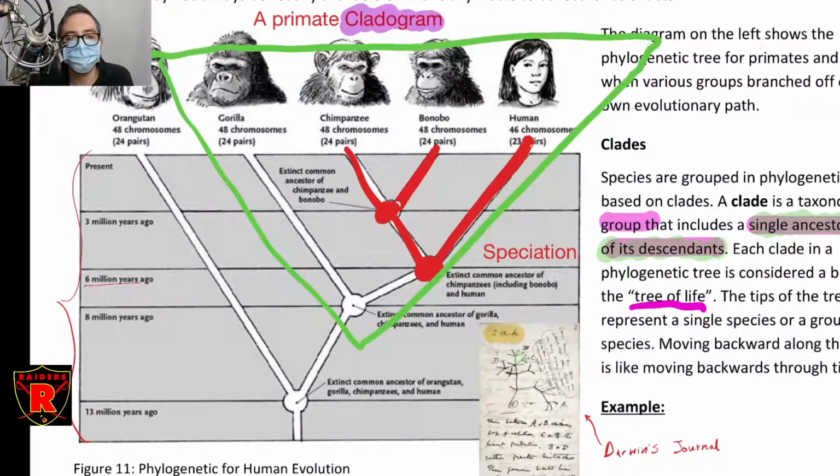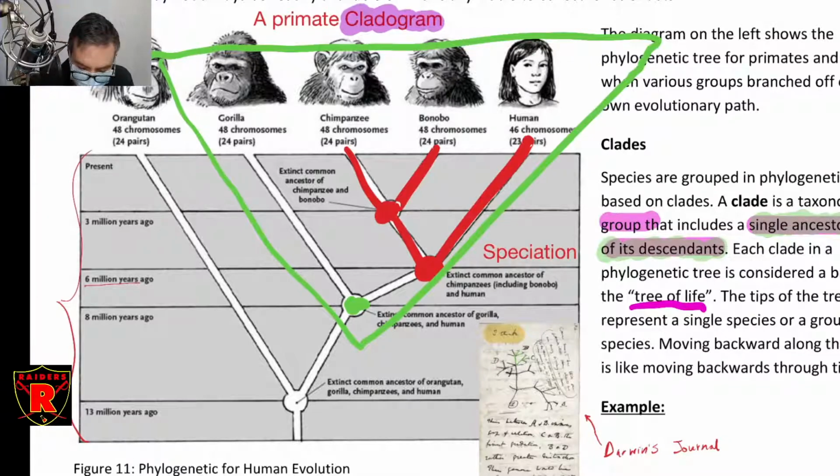We are more distantly related to gorillas than we are to chimps and bonobos. And that's because our common ancestor with gorillas is further back in time. Okay, about 8 million years ago is when we had a common ancestor with gorillas. So we are further related from gorillas than we are from chimpanzees and bonobos.